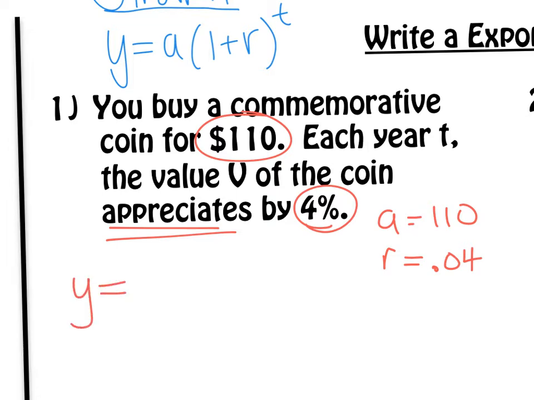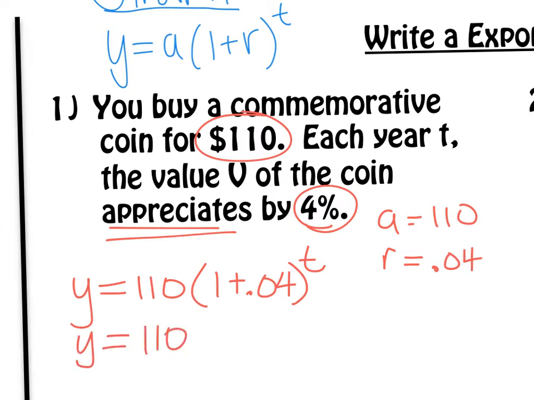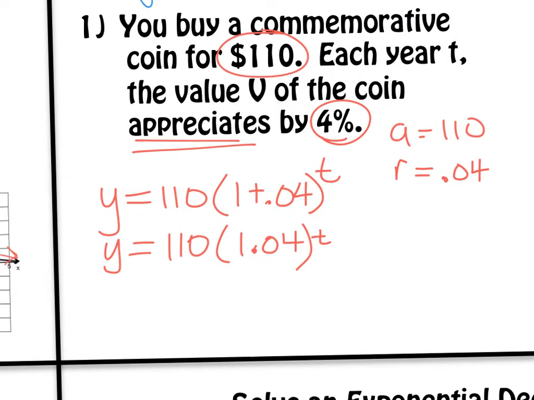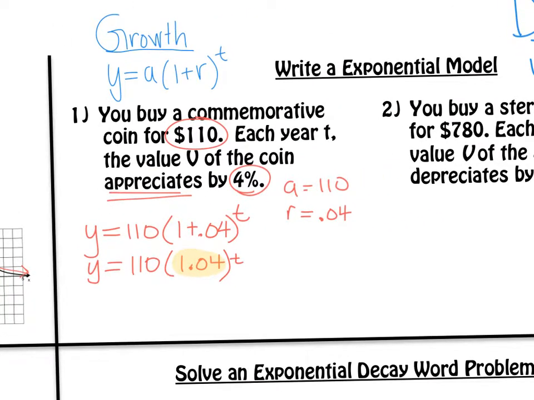I'm going to plug everything I know in. 1 plus 0.04 to the t. So the only thing you would actually need to do is make this say 1.04 to the t, because now you notice that inside the parenthesis, like we just talked about, it's bigger than 1. So we know it's a growth formula.